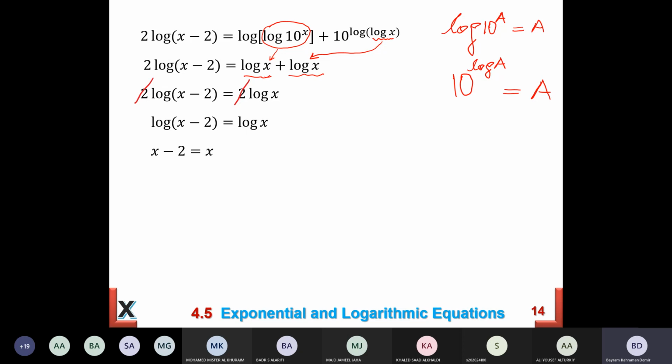What do you think about this equation, x minus 2 equals x, Shabab? It has no solution. That means negative 2 equals 0, which is not correct. Of course. So there is no solution for this logarithmic equation, Shabab. Yes, sometimes there is no solution. It is normal. It doesn't have to have a solution.